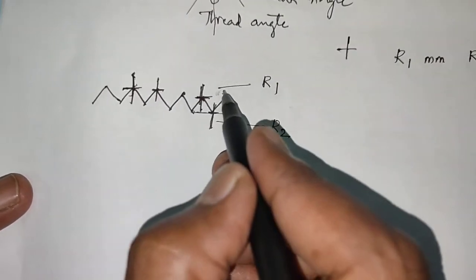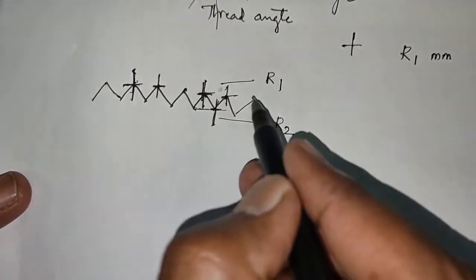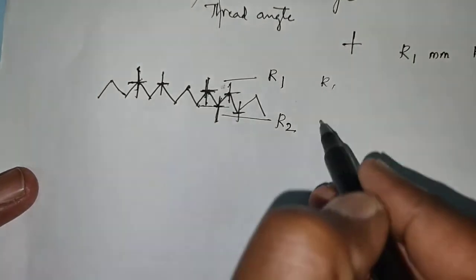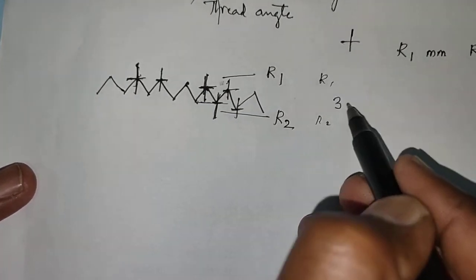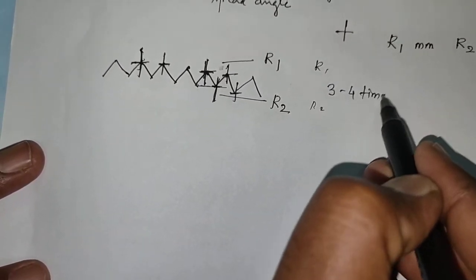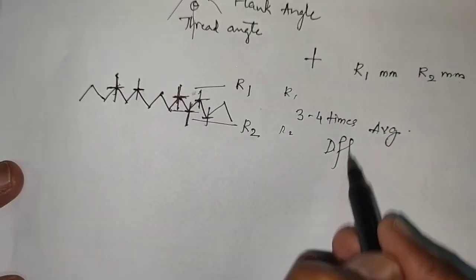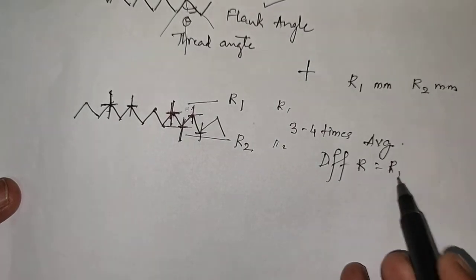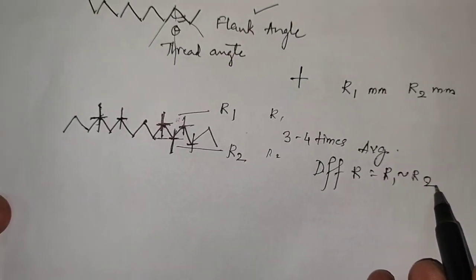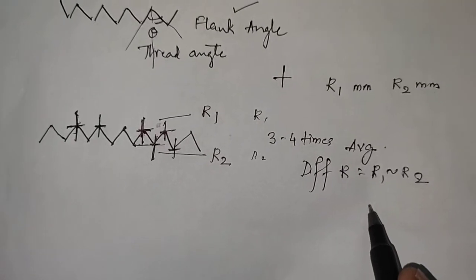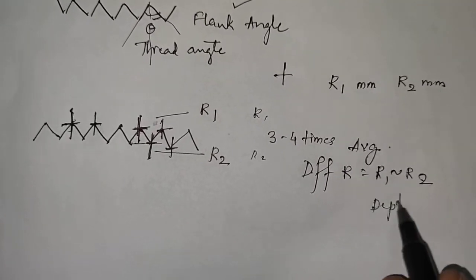So this has to be done for some more threads, and again calculate R1, R2. This has to be done at least 3 to 4 times to get the average value, that is the difference, R is equal to R1 minus R2. So whatever value we get finally after taking the average will be the measure for depth.